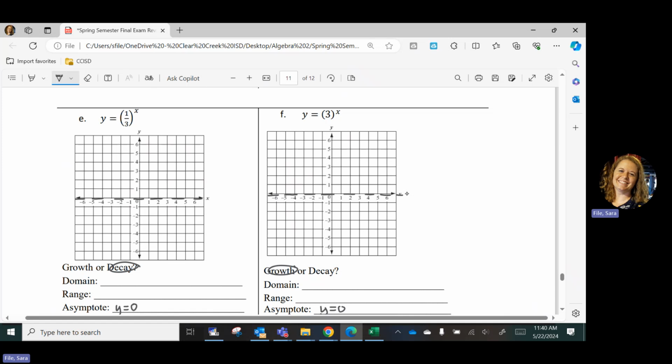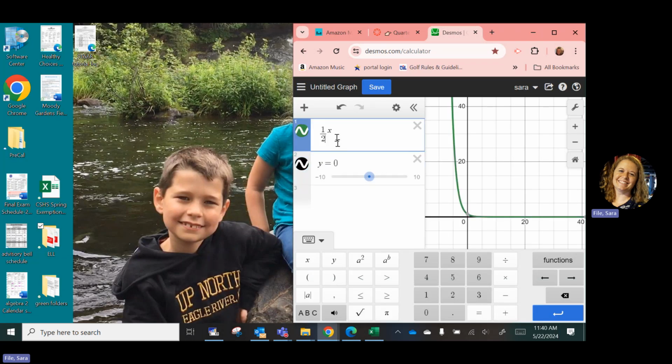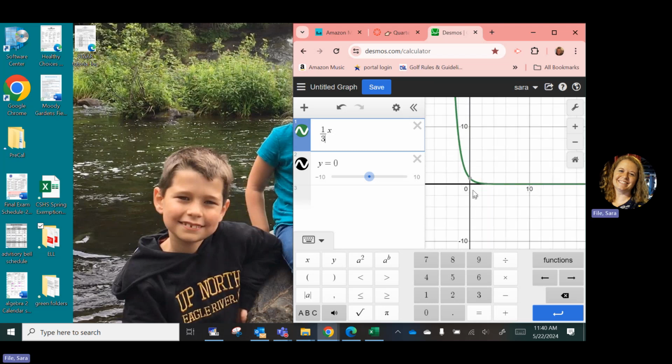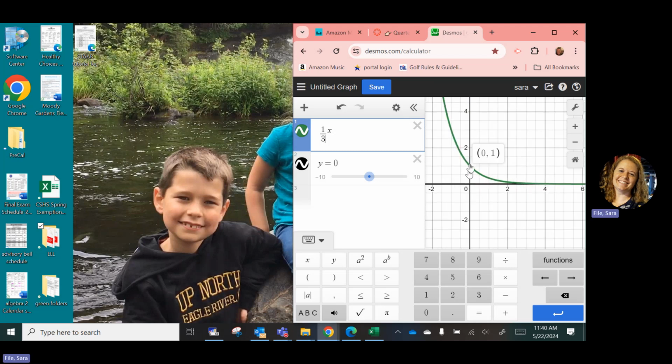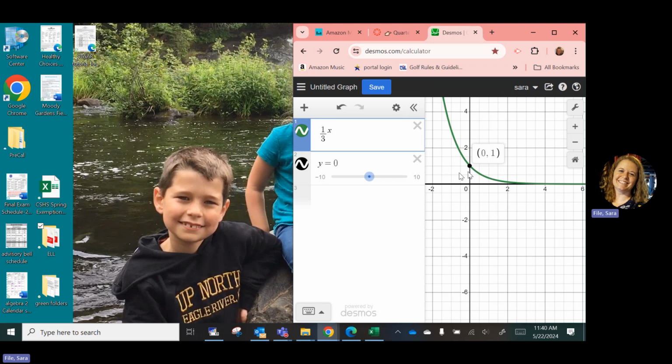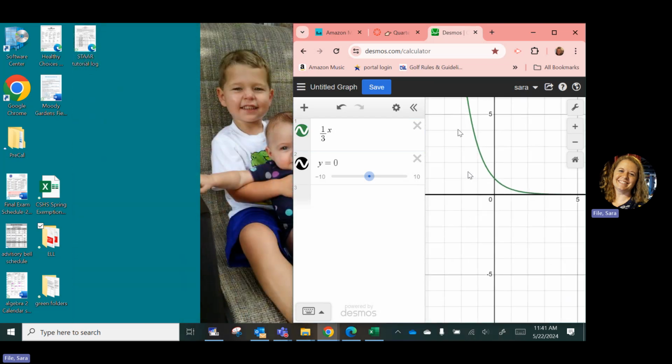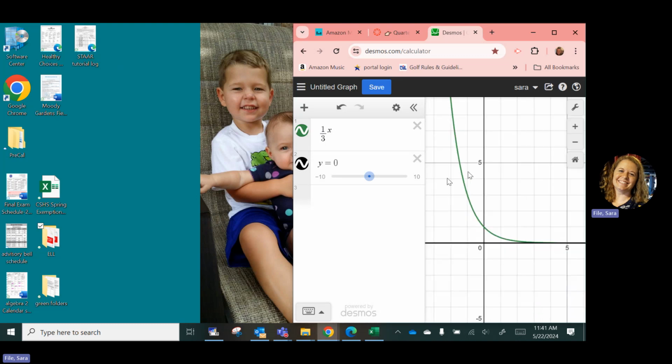Okay, so if I were to compare these, a 1/3 versus a 3 base, change that 1/2 to a 1/3 base, and you see it just slightly changed. The y-intercept didn't even change. The only thing that changed was how steep that was decaying or decreasing.